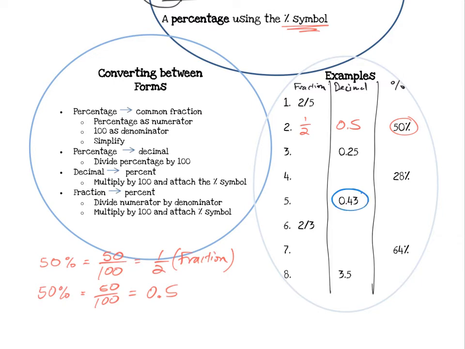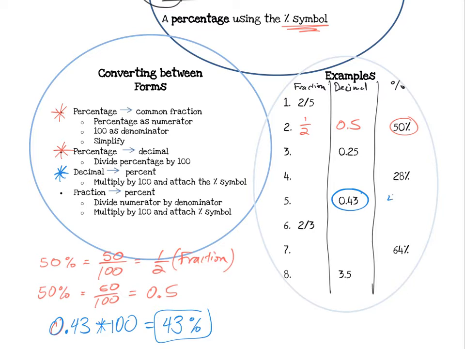If you want to change a decimal to a percent, multiply 0.43 by 100. And again, if you're not very good with multiplying things or moving decimal points, go ahead and use a calculator. When you multiply these two numbers together, you get 43, and you put the percent symbol next to it, and that's it. That is the percent. That's exactly how you do it.